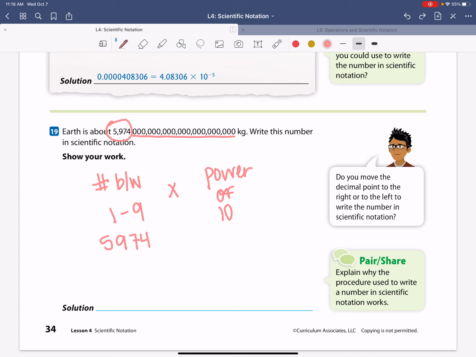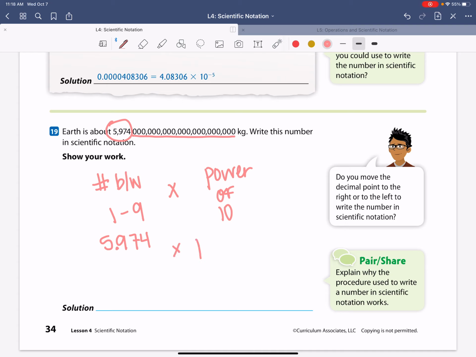If we put our decimal here, we'd have 59.74, which still is not between 1 and 9. The only place it could go logically is between 5 and 9, because 5.974 is between 1 and 9. So you have to understand why we're placing our decimal there.